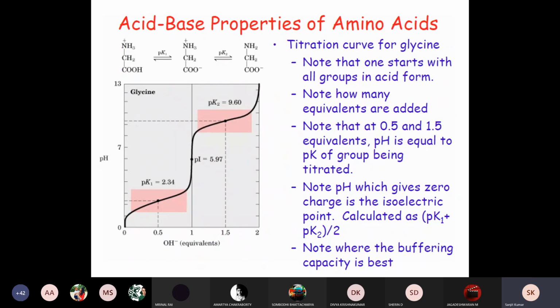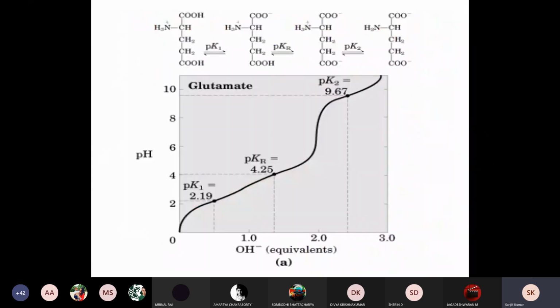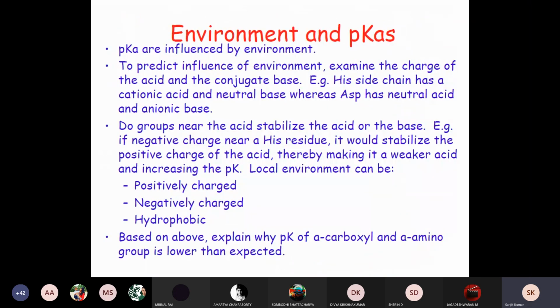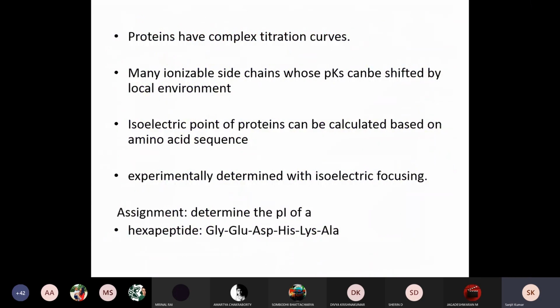And these are the acid-base properties of amino acids. I am not going to discuss them, I just made a slide, you can go through it. If any student has any issue with this titration curve, you can ask a question, then I will explain. Proteins have many complex ionizable side chains.